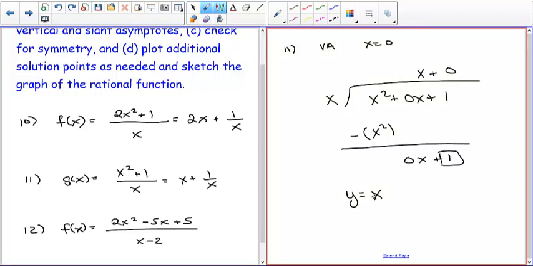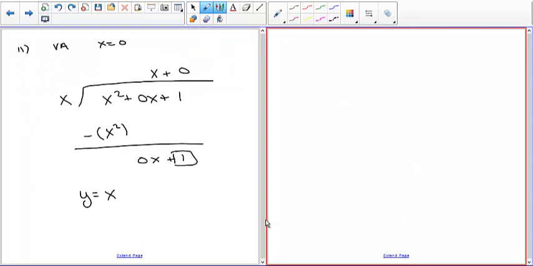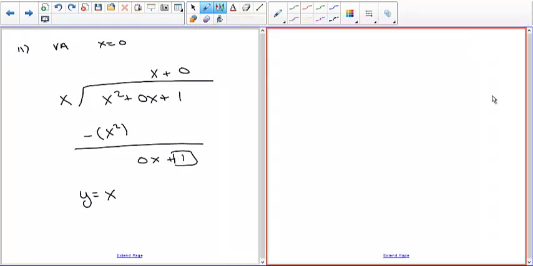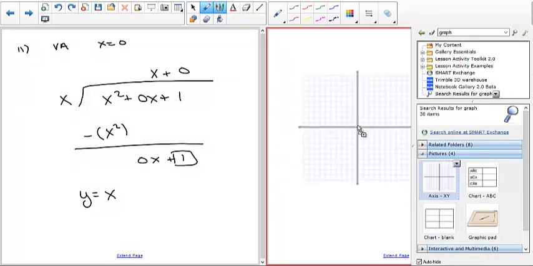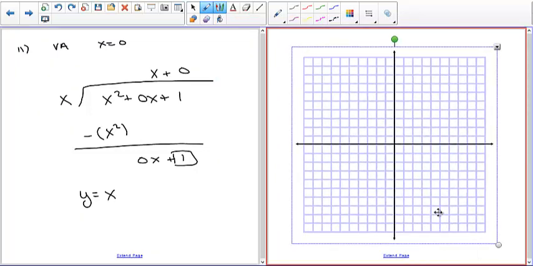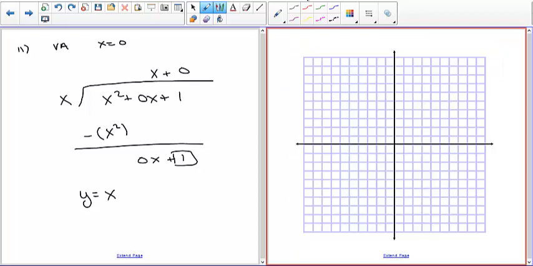So let's plot those. We may want to pick a different point based on how this thing looks as far as the extra points that we use. Okay, here's a graph paper. So we still have vertical asymptote x equals 0.